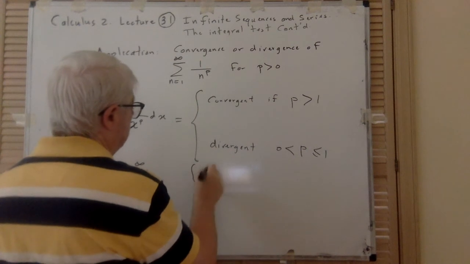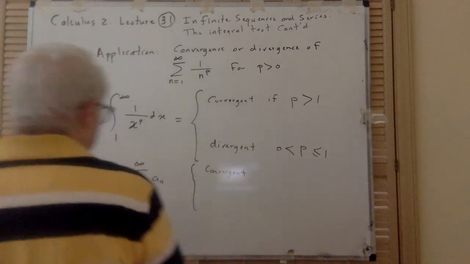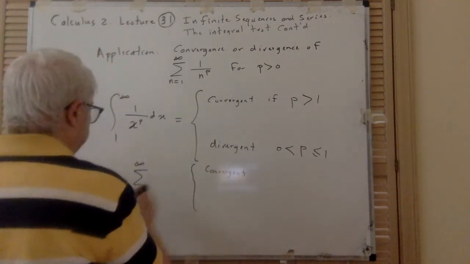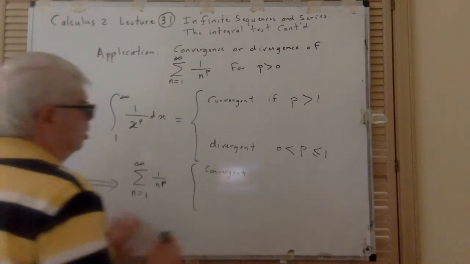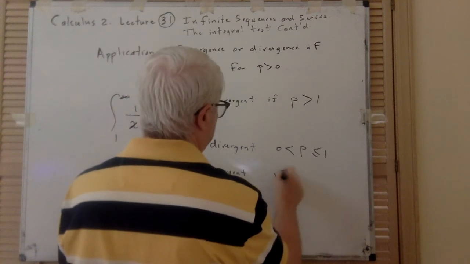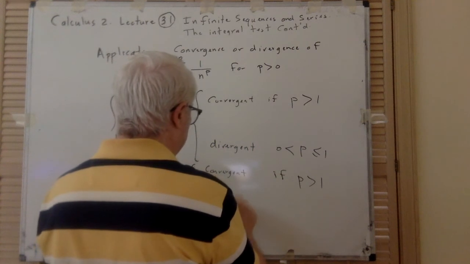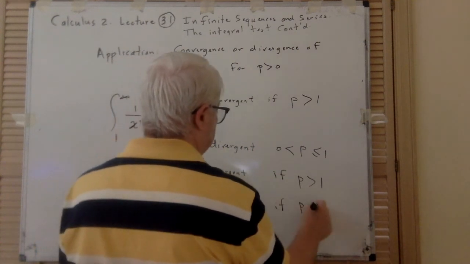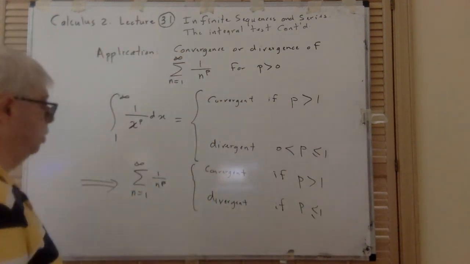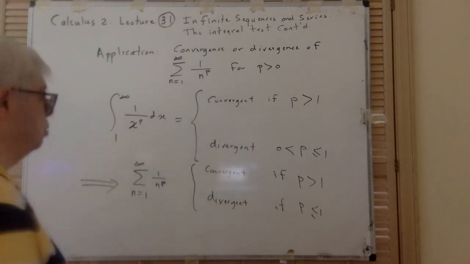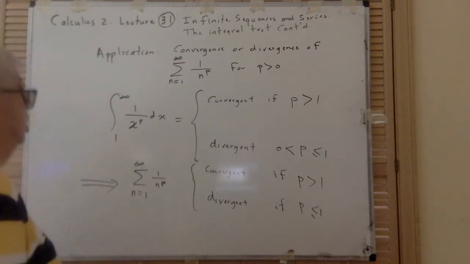So the series of 1 over n to the power p is convergent if p is bigger than 1, and divergent if p is less than or equal to 1. Sometimes we call this the p series test because of this p, which is fixed for every one of them.